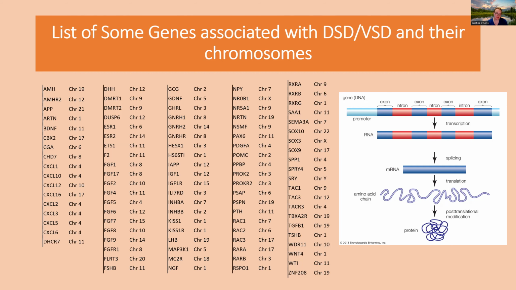As you look at this list though, notice that the chromosomes that they're attached to are not just the X and the Y chromosomes. It's the collection across the entire genome that makes us who we are, which means that there's an intense amount of variability included in this.